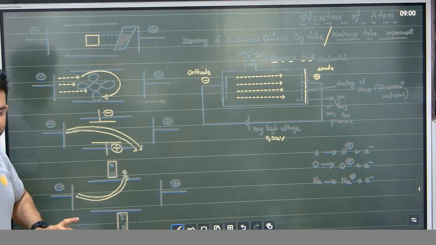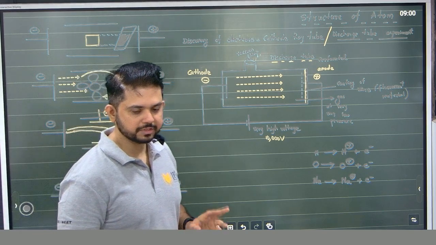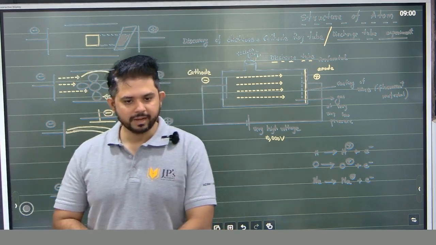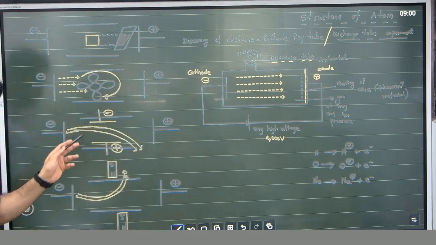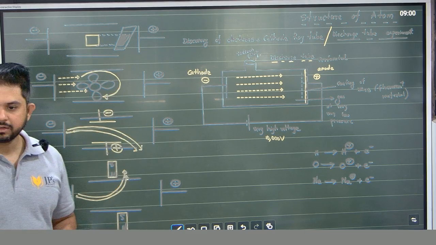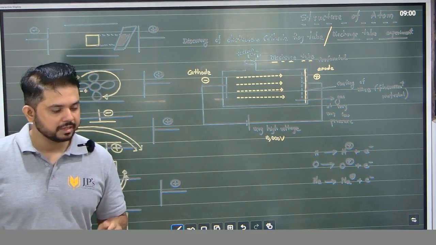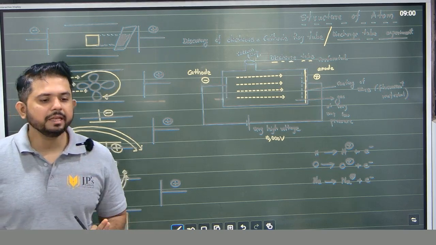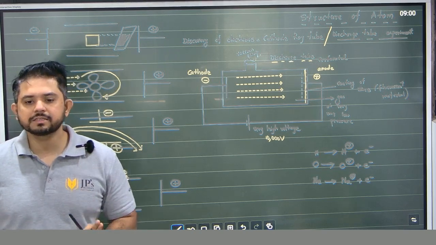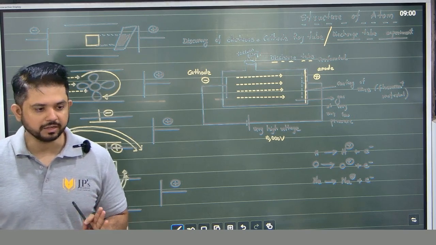Where do electrons deflect in a magnetic field? You will read this in physics, in the magnetic effect of electric current chapter. But deflection in electric and magnetic field further confirms that these particles are charged particles. Remember, until now we don't know it is an electron, but we know that yes, these are some negatively charged particles.